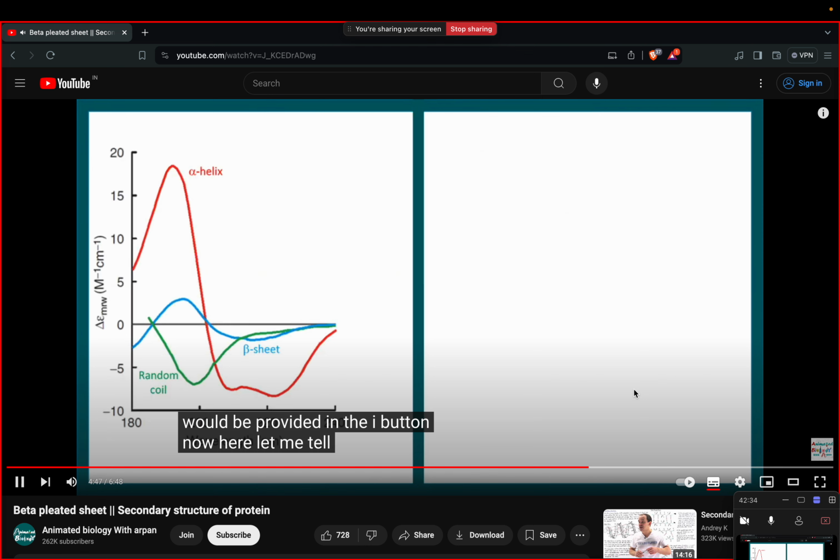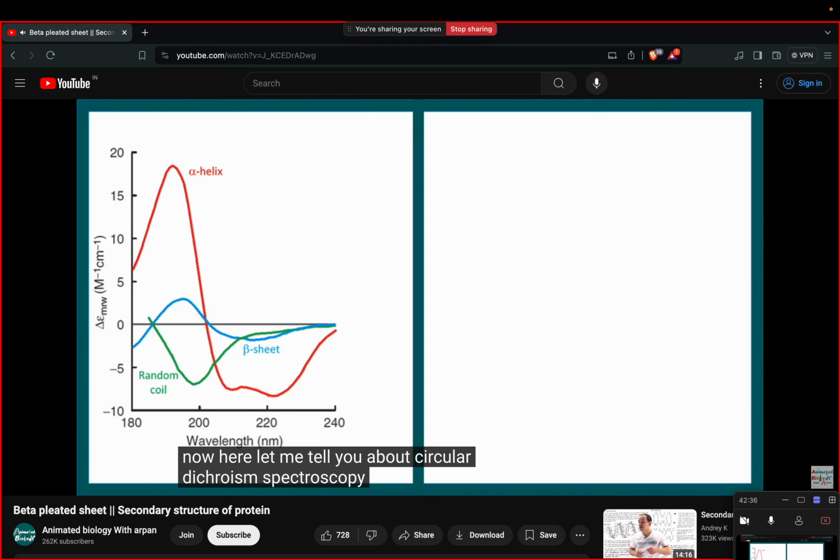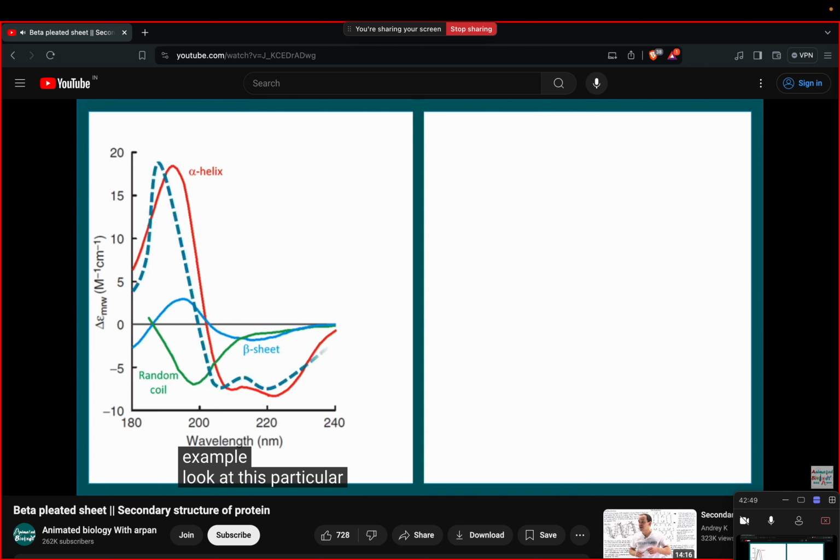Now here, let me tell you about circular dichroism spectroscopy. Looking at the CD signature, you can understand whether that particular protein is majorly constituted with alpha helix or beta pleated sheet. Let's take one example. Look at this particular dotted line. This is the CD signature of a particular protein. Now comparing with known signatures, you can understand this protein would be majorly made up of alpha helices.